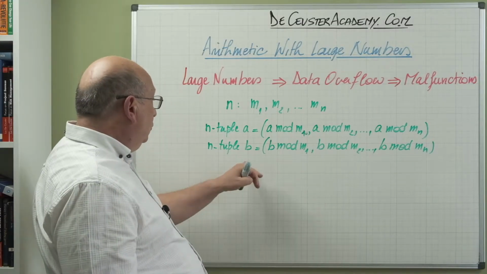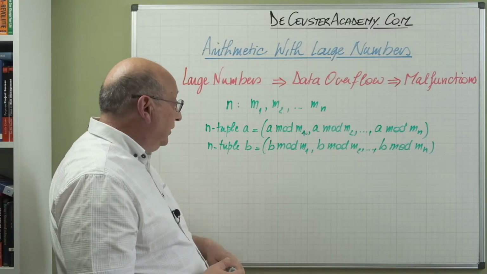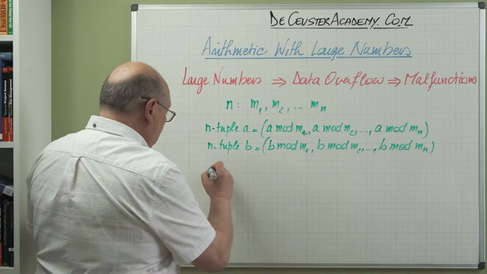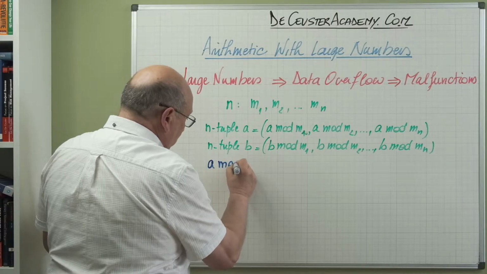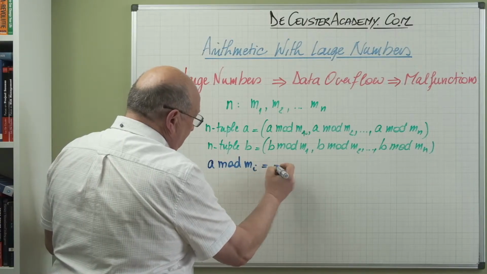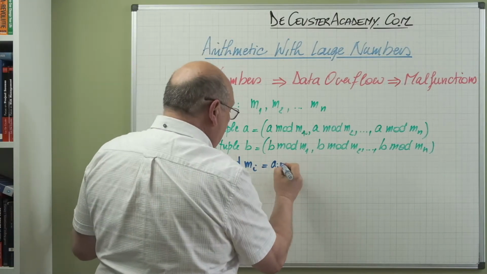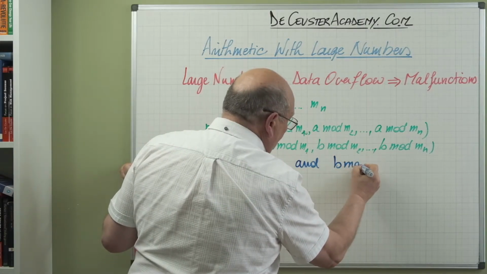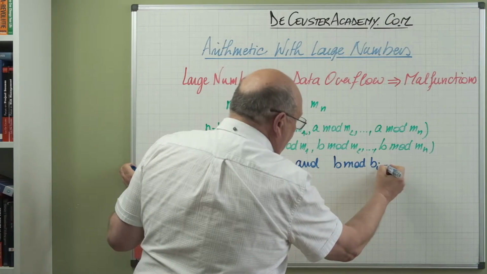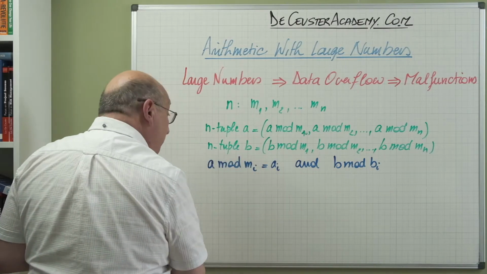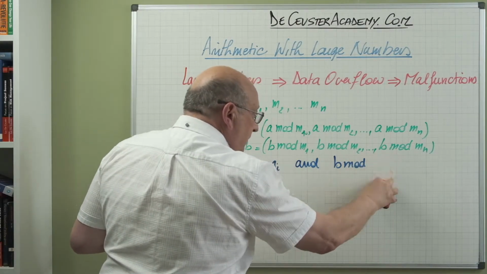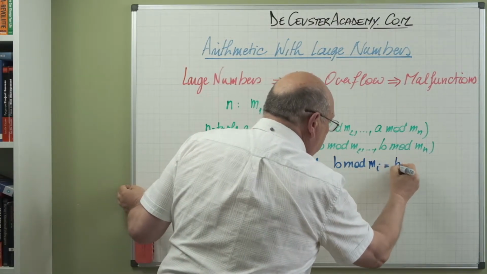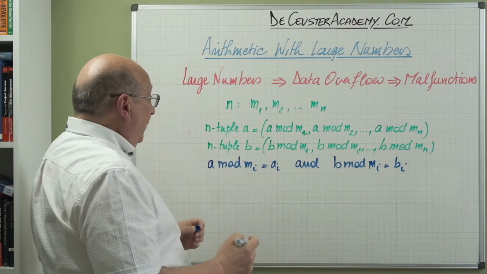Now, we can replace this by saying that a modulus mi is equal to ai and b modulus mi is bi.